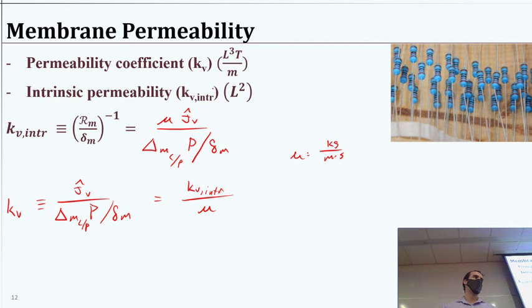We could have seen that coming from the units if we had thought about it up there. So essentially the permeability coefficient is the intrinsic permeability of the membrane divided by the viscosity of water. So that's going to depend on temperature, right?